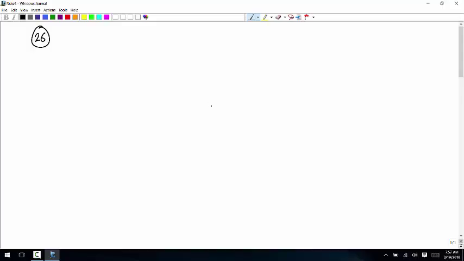All right, so 26, you got this double incline. They have different angles. The one on the left is 20, the one on the right is 30. There's a pulley in the middle.